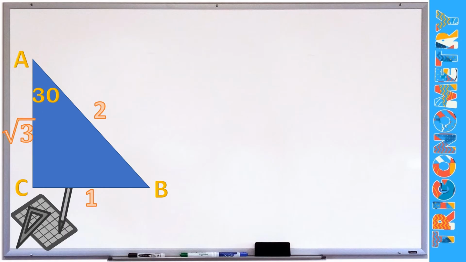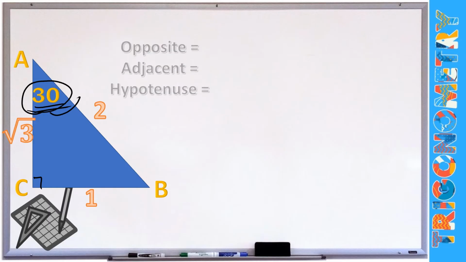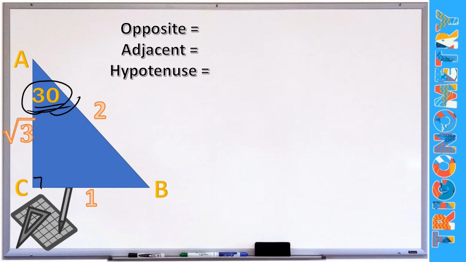So we have your given angle, angle 30. So this means that it is your reference angle. So kung nakalagay na angle natin, so this is your right angle. So your 30 is your reference angle. So still, we have to get the value of your opposite, adjacent, and hypotenuse.